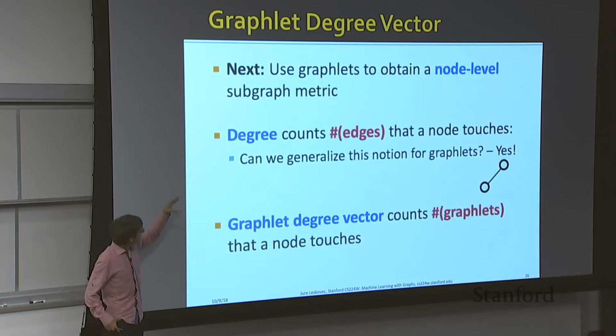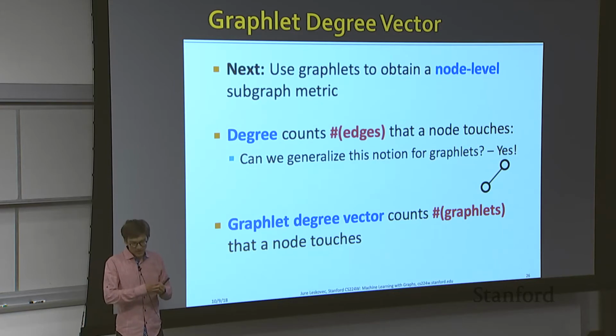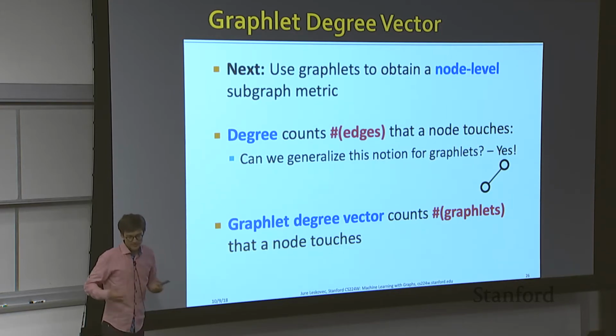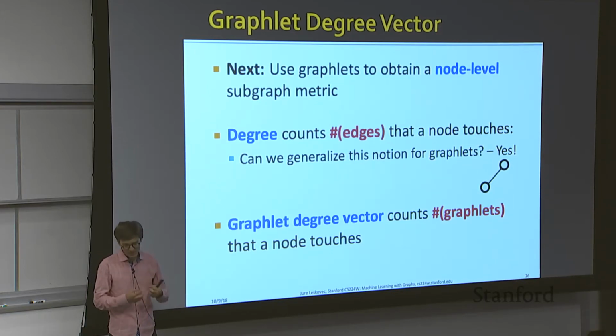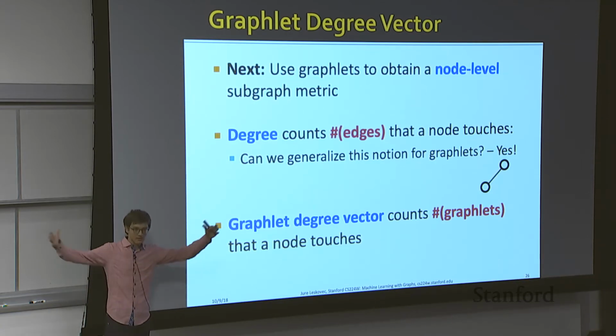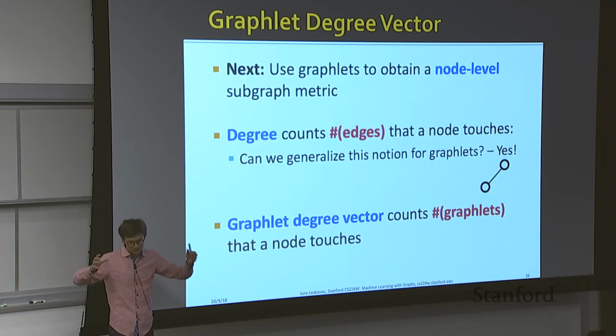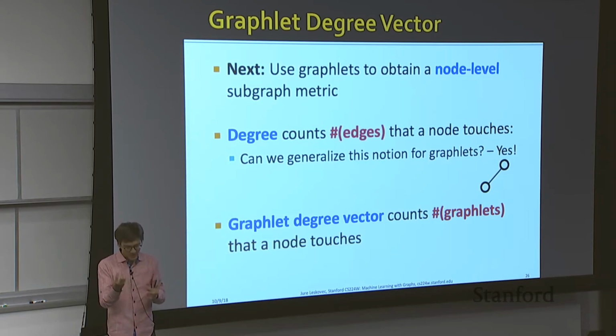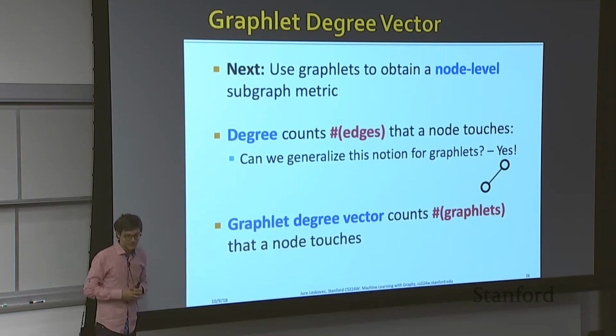Okay, so these graphlets are used to obtain a node level representation, right? So this is a node level subgraph metric. If motifs are the entire network subgraph metric, this is a per node, or node level, subgraph metric.